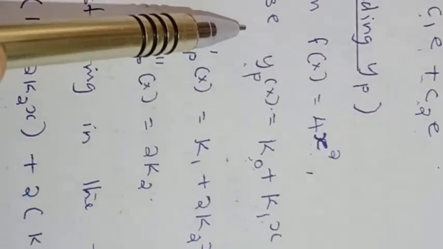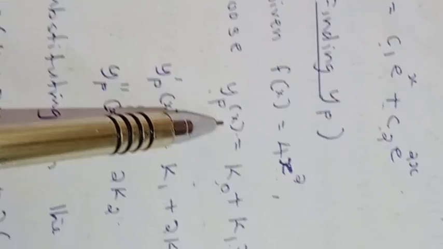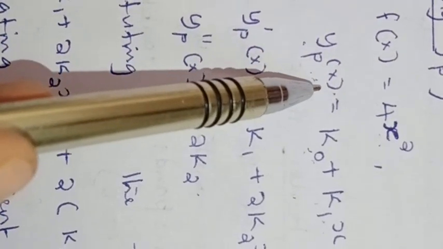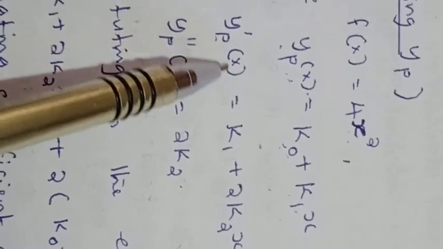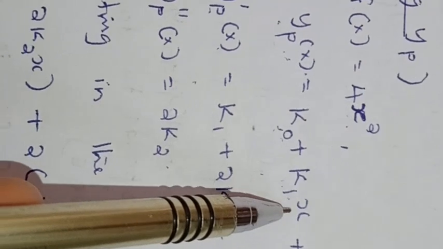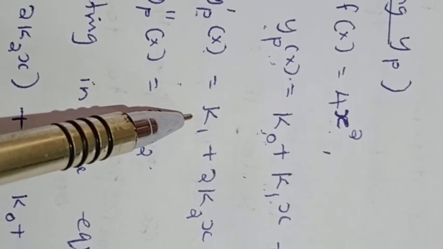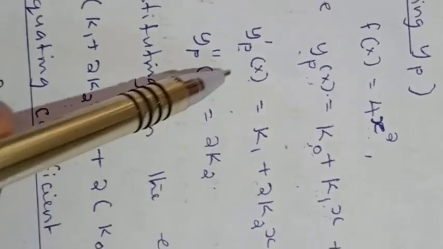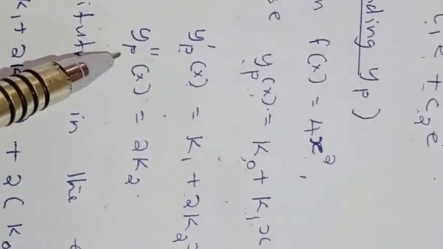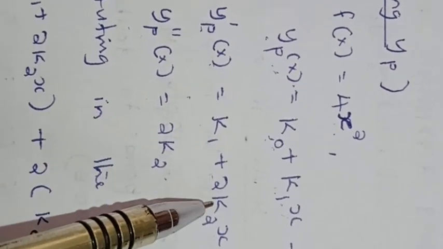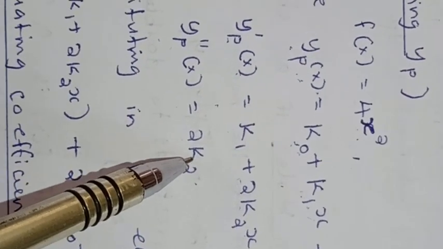After selecting yp, we want to substitute yp dash and yp double dash in the ODE. For that, find yp dash. Yp dash is k0 whose derivative is 0, k1x derivative is k1, and k2x square derivative is 2k2x. Then yp double dash: k1 derivative is 0, 2k2x derivative is 2k2.